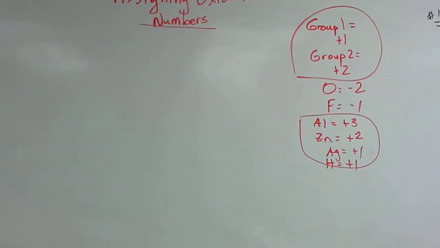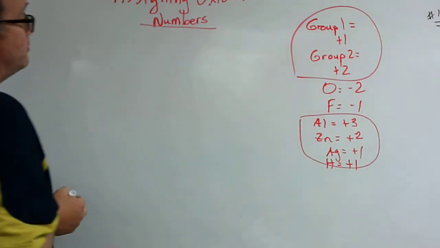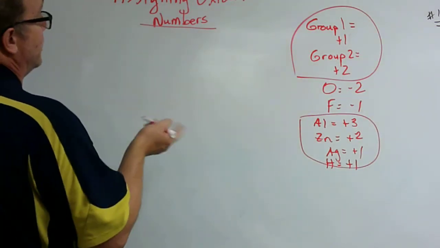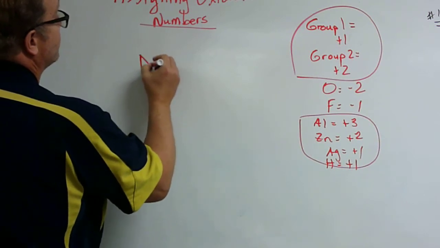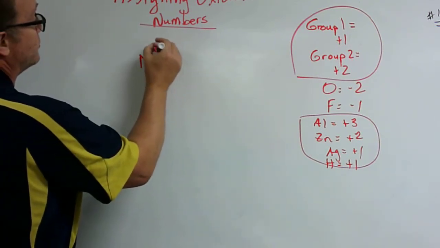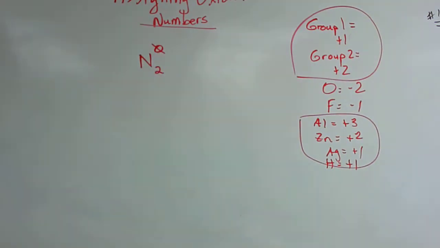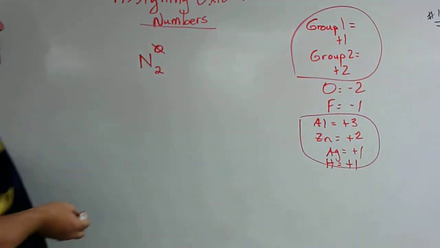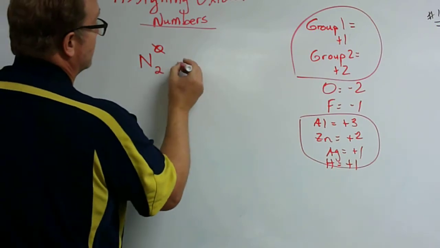I'm going to zoom in a little bit. And what we're going to do is we're going to assign oxidation numbers. I call this the go with what you know. Well, first of all, we have to remember that if I write something like this, you're going to have to remember that that is a 0 charge, because it doesn't have anything up there.